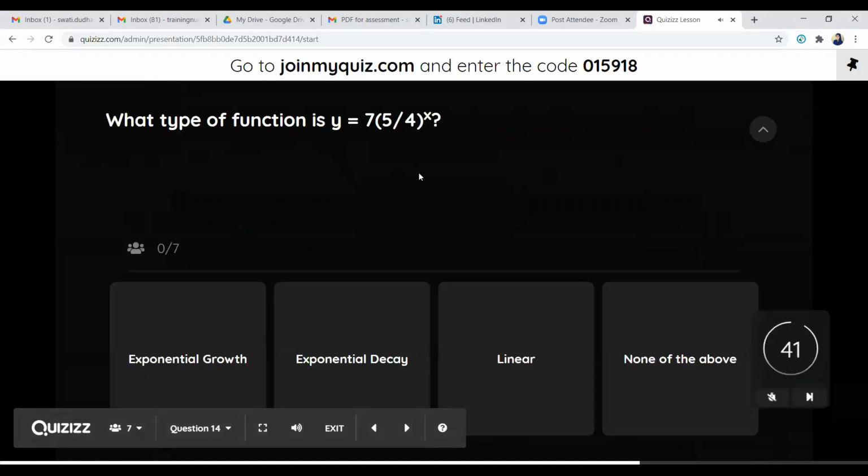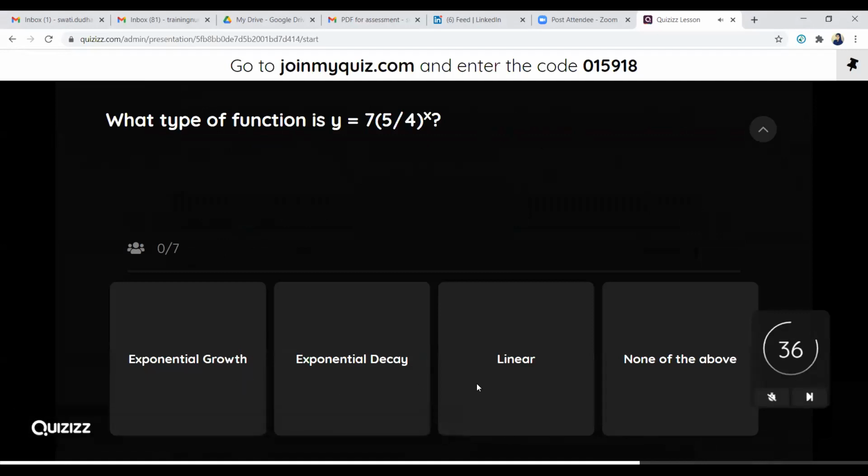What type of function is this? Is it growth, decay, or linear?